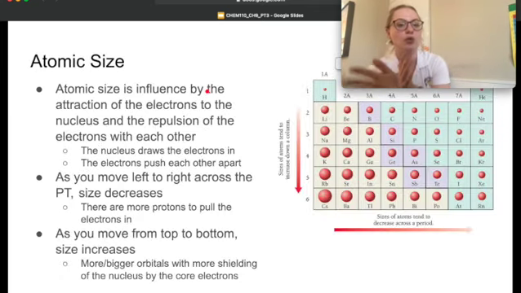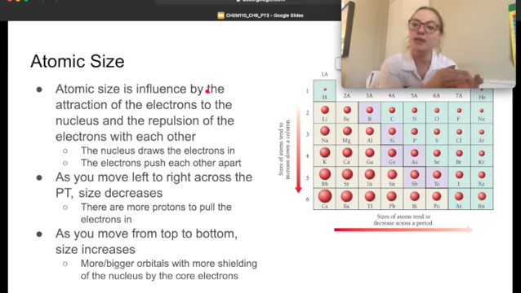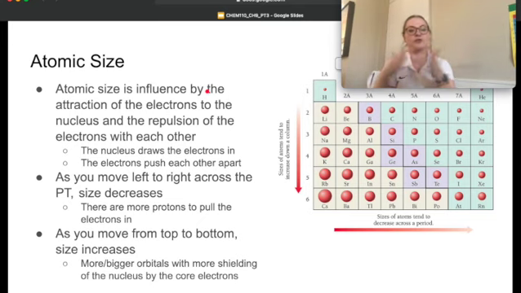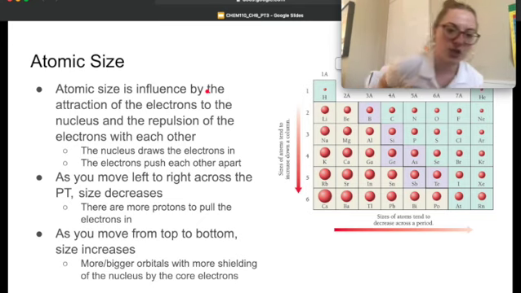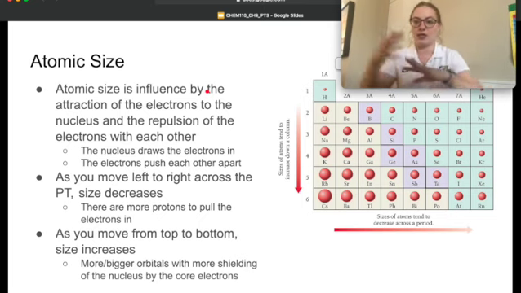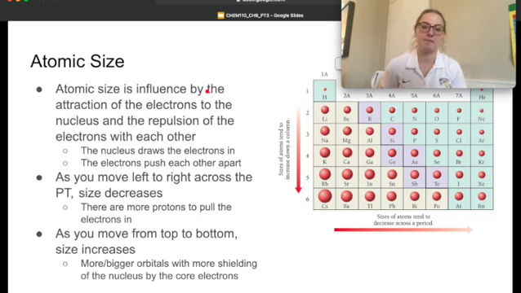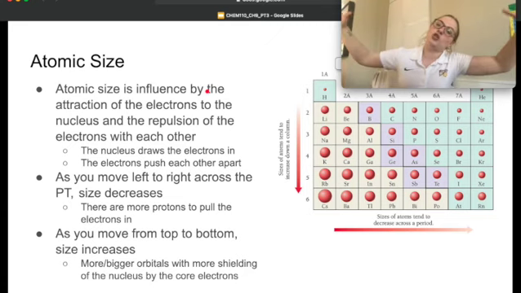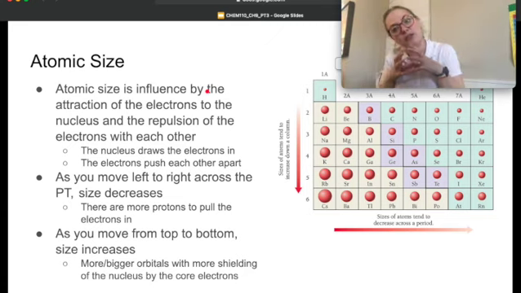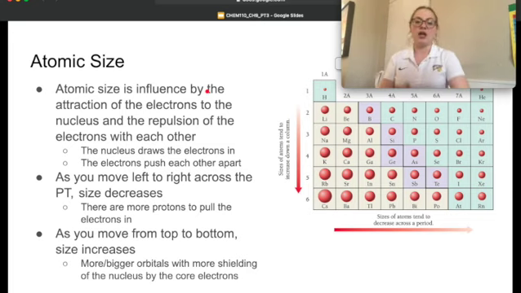So we can use the information from the quantum mechanical model to predict the size of every atom on the periodic table in relation to each other. Remember, with atomic size we're talking about the size of an individual atom. We know that the nucleus has that positive charge, so it's pulling those electrons in, but those electrons also push each other apart with that repulsion, right?